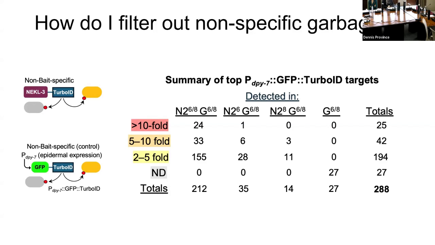Sometimes it wouldn't be detected in one of the N2s, but it always had to be detected in both of the GFP turbo samples, so I made that a criterion. That's why I have these different categories: the 10-fold ones, the 5 to 10-fold, the 2-fold, and things that were only detected in the GFP turbo and never detected in N2. That's another 27. So 288 garbagey things, to varying degrees.